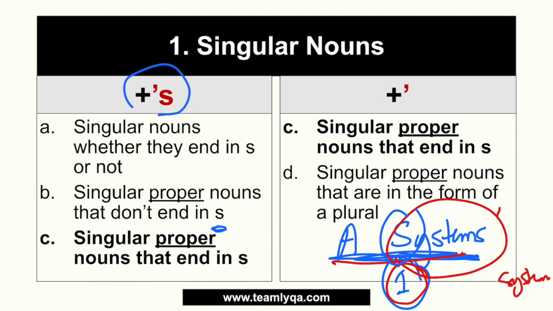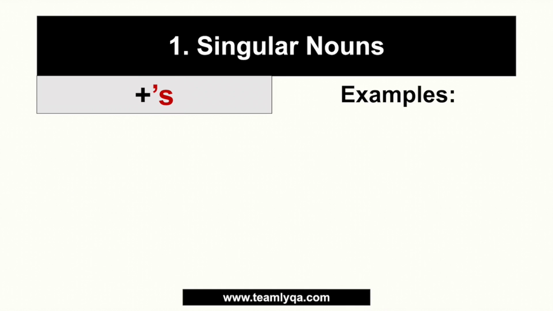At kung siya naman ay singular na proper noun, pero ang kanyang form ay nasa plural, you add just an apostrophe. So basically, pwede mo siya i-divide into this. Anything na common noun, apostrophe S. Anything na proper noun na hindi S ang ending, matic apostrophe S. At any proper noun that ends with an S, you can just add an apostrophe. Okay? Let's run down a few examples.